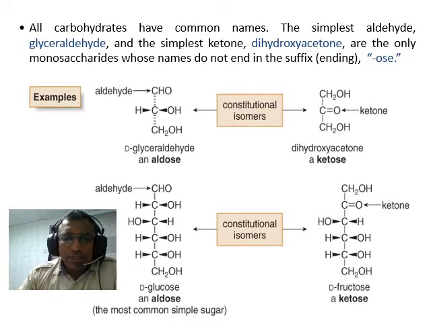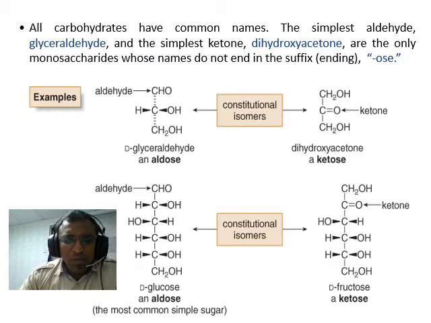For this lecture, there's a lot of chemistry terms, and here in this slide you see the constitutional isomers. Constitutional isomers are those isomers that have the same number of carbon, same number of hydrogen, same number of oxygen, as shown here for glyceraldehyde being the constitutional isomer of dihydroxyacetone. The only difference is one is an aldose while the other is a ketose.